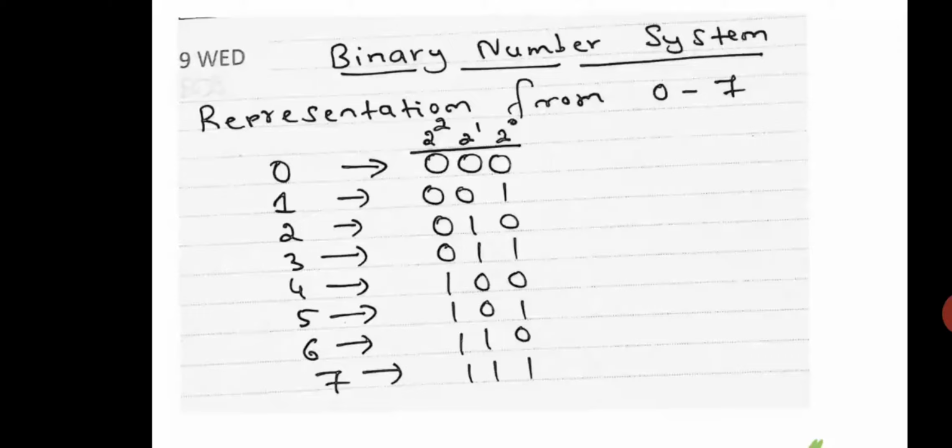Now you can ask, why can't I write only 0? The meaning is the same, isn't it? But whenever you are dealing with the computer field, if it is 3 bits, then you have to fill those 3 bits. It may be 0 or 1, it may be anything. If you are giving 3 positions, then all 3 positions have to be filled, because each and every bit has meaning.